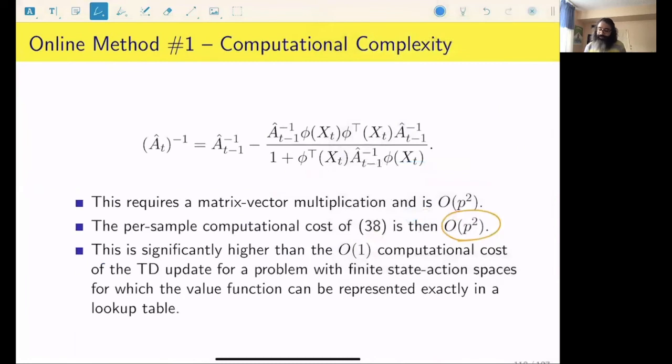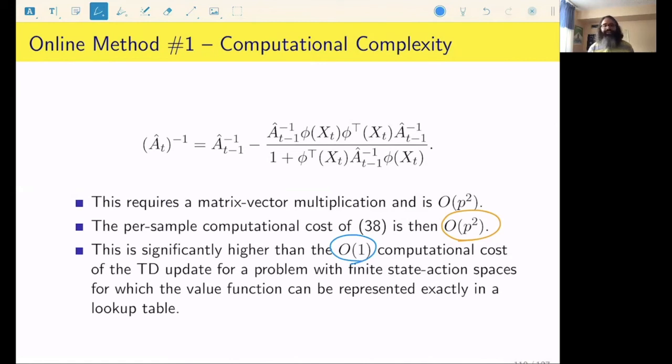If we compare it with the TD method for finite state and action problems, where we use a table lookup to represent the value function, the computation order was order 1. Essentially we needed to look at the value, change it for that state, and that would be all. So that would be order 1. So this is order p squared, which is much larger.